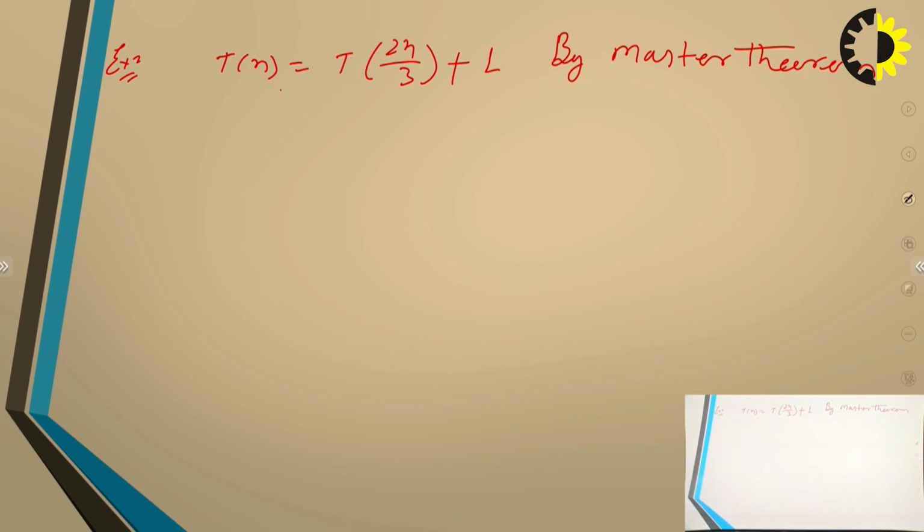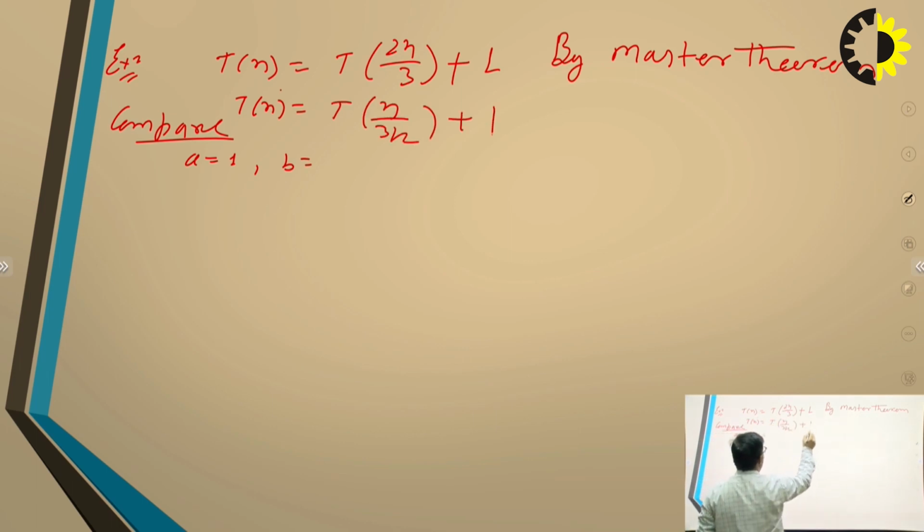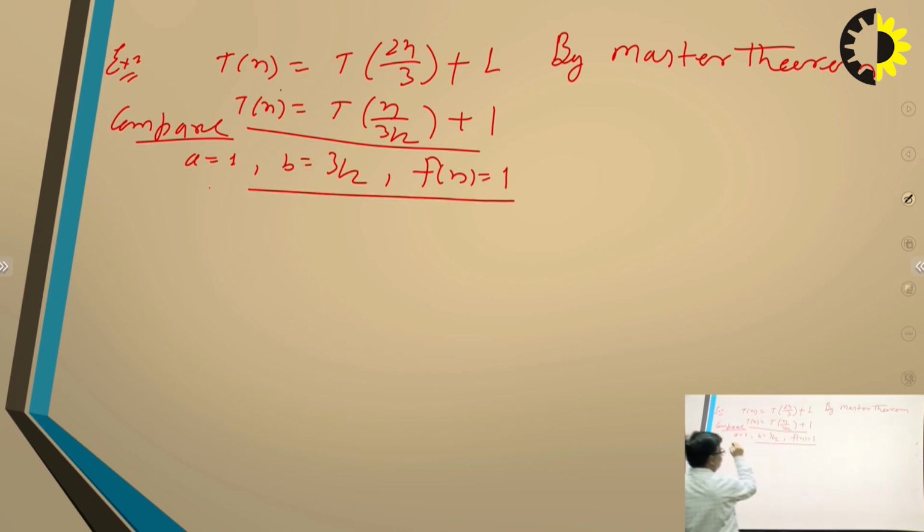Okay, we will proceed to compare. a is equal to 1, and we can write Tn equals T of n by 3 by 2 plus 1. Then b is equal to 3 by 2 and Fn is equal to 1.